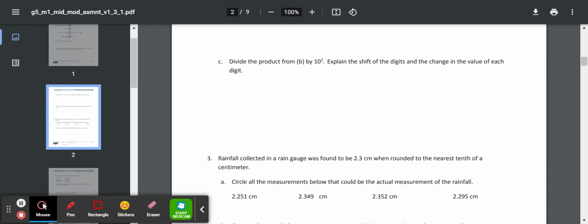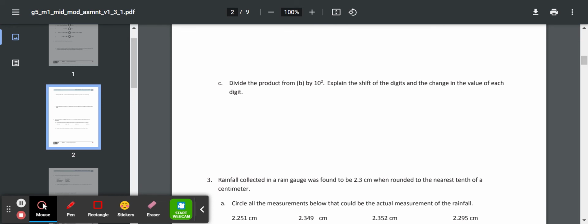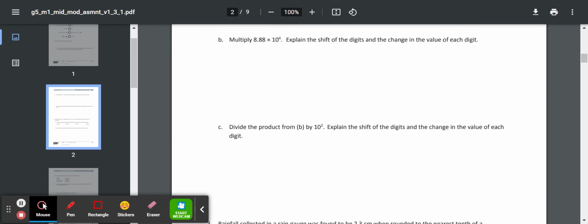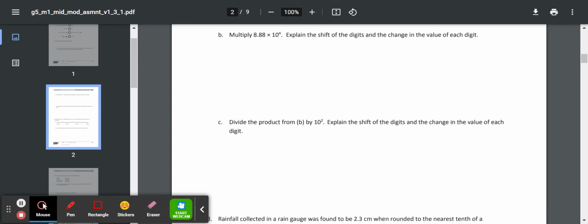Explain the shift of the digits and the change in the value of each digit. So when they say the product from B, whatever that answer was when you multiply this number here, that's the number you're using in C. Use the product and divide by 10 to the power of 2. Pause to complete.